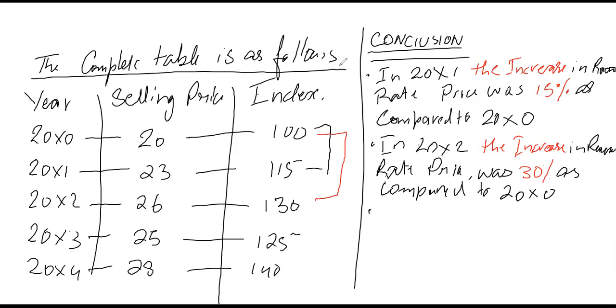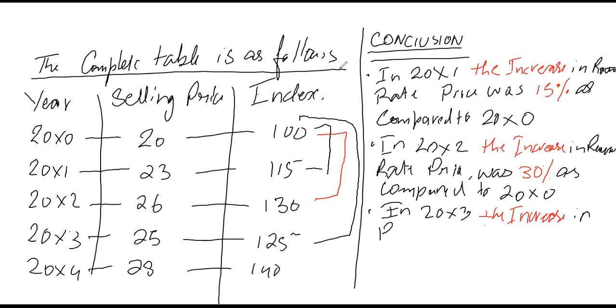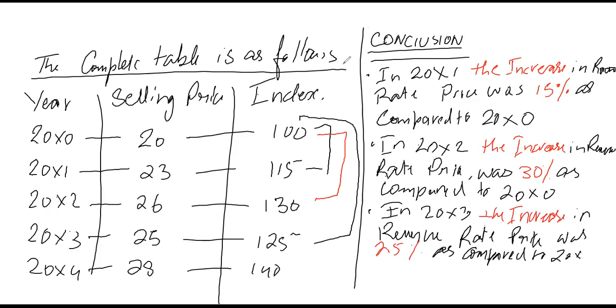And then if we look at this particular element, you can see that in 2003 the increase in revenue rate price was 25% as compared to 2000.